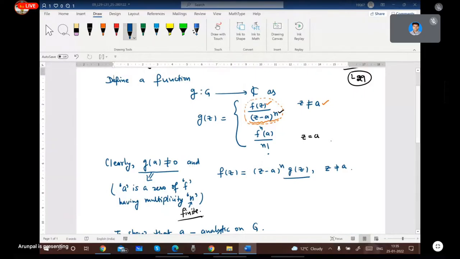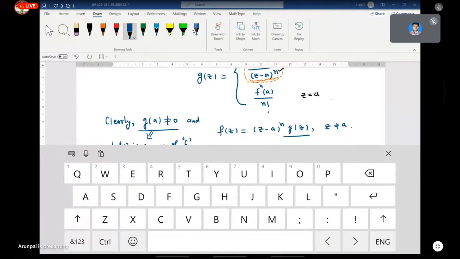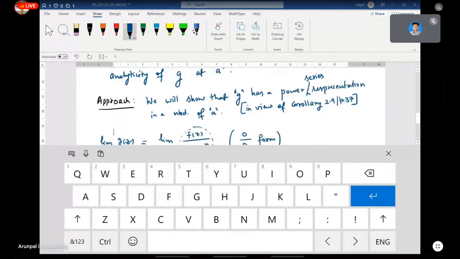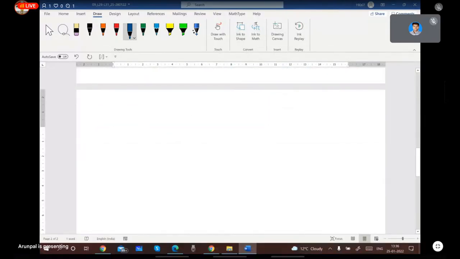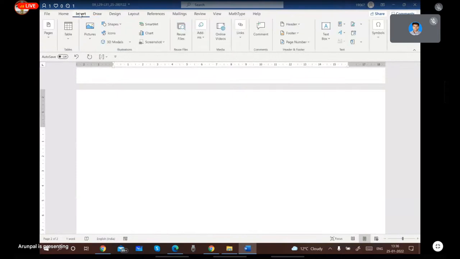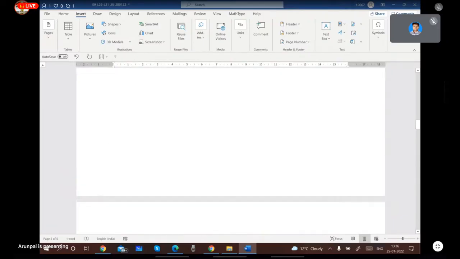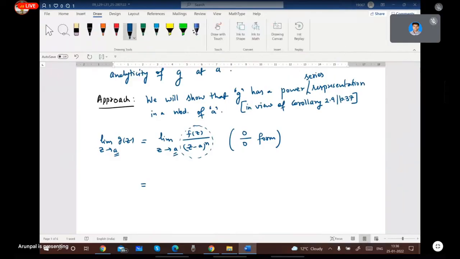So let's apply L'Hopital rule. You know how to apply L'Hopital rule.